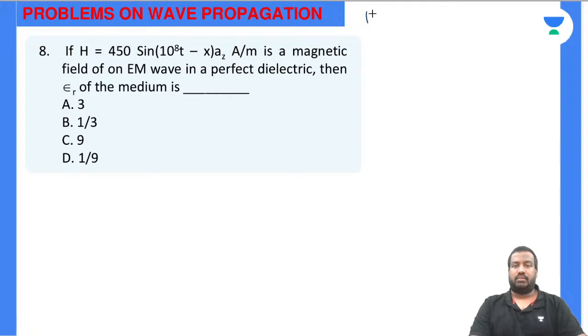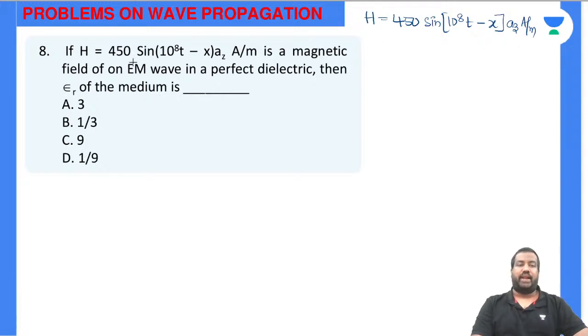H is equal to 450 sine of 10 power 8 t minus x Az ampere per meter. The magnetic field of an EM wave in a perfect dielectric.